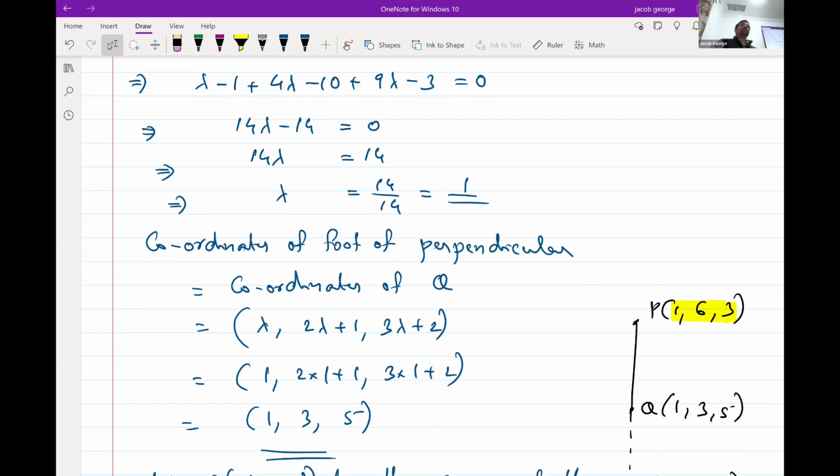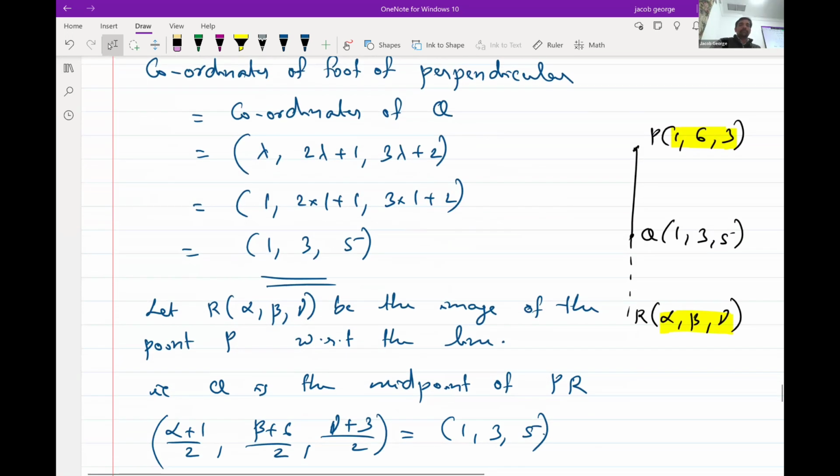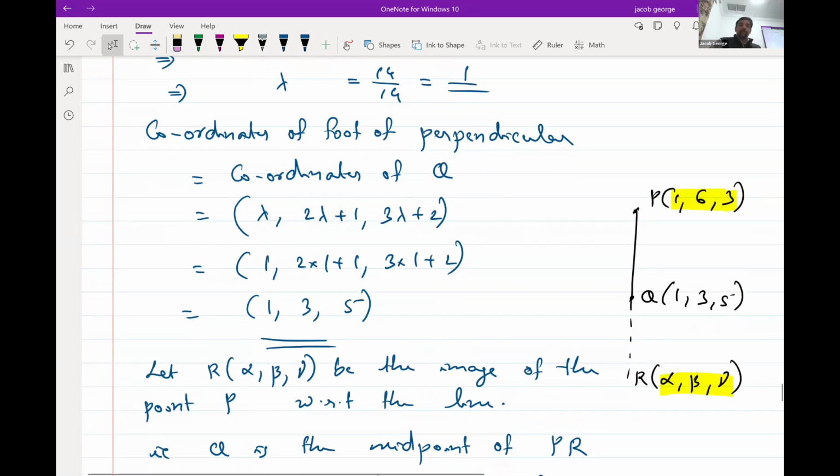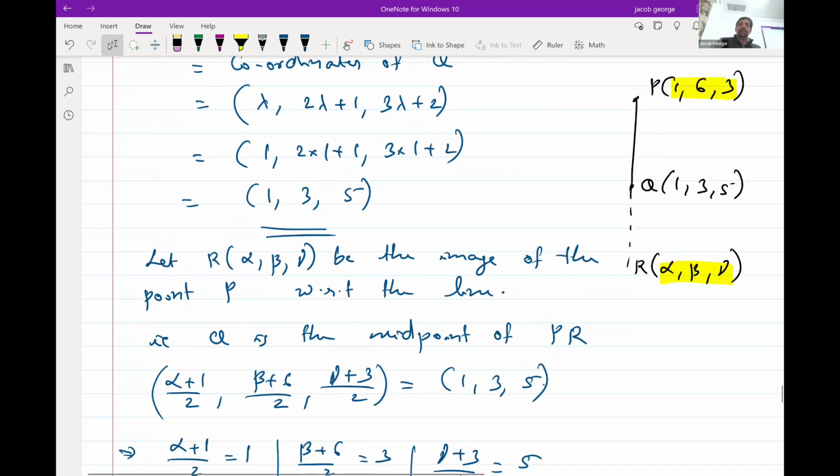Then finally the image. How to get the image? By the midpoint formula, we find the image. Do you complete till the foot of perpendicular? Then the final step is the image. Let R alpha, beta, gamma, you can see the diagram, be the image of the point P with respect to the line.